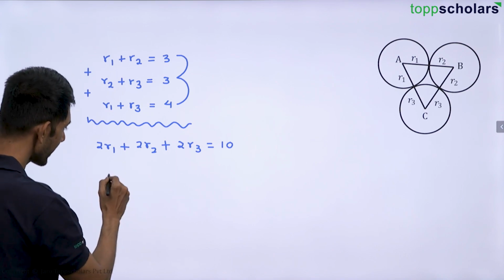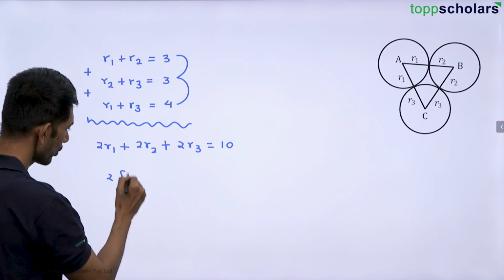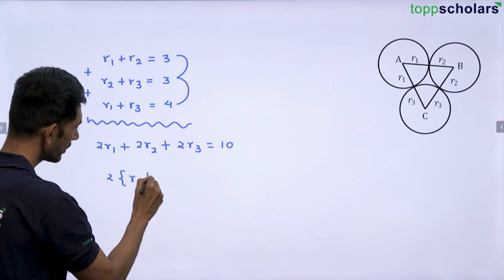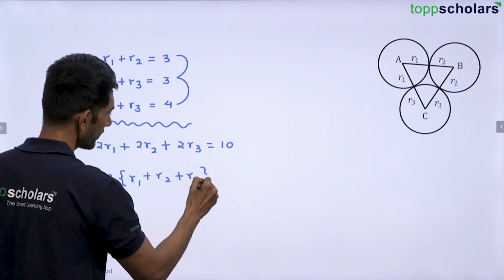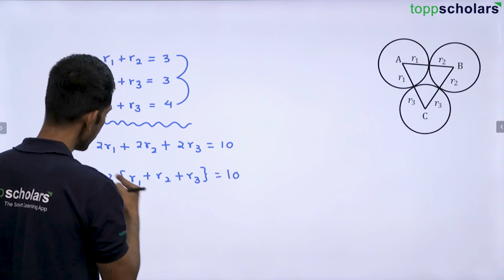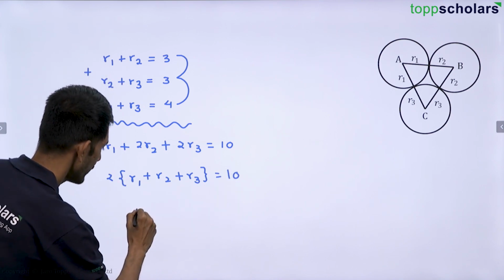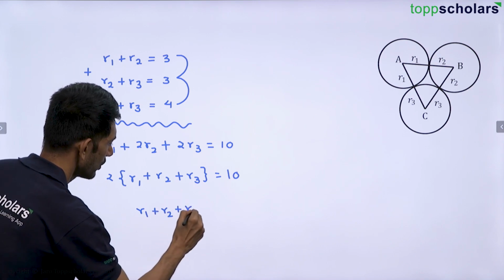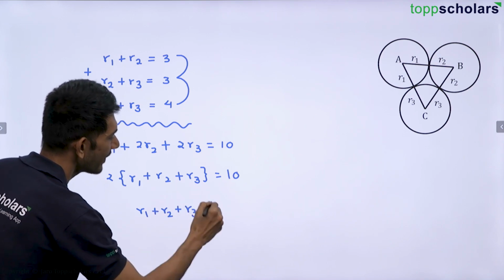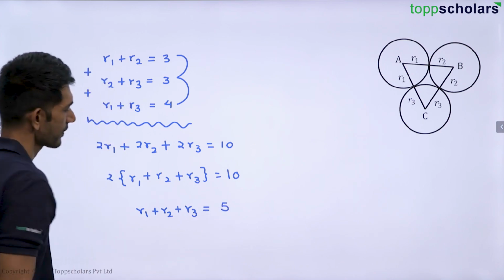So from here can I take 2 common? If I take 2 common, I get R1 plus R2 plus R3 is 10. You can divide 2 now. So if you divide 2, you get R1 plus R2 plus R3 is equal to 10 divided by 2. That is 5.